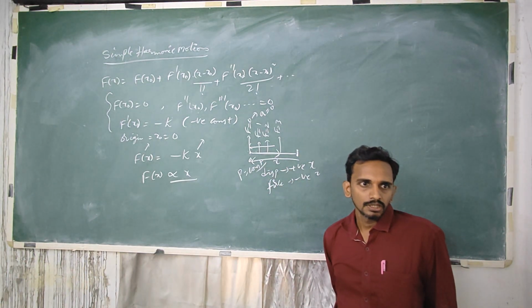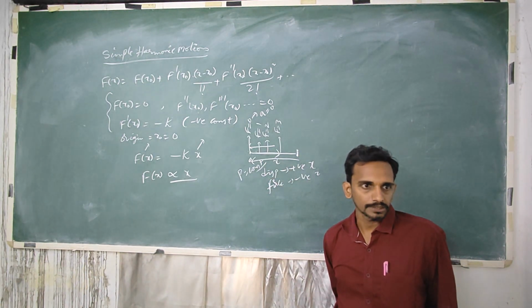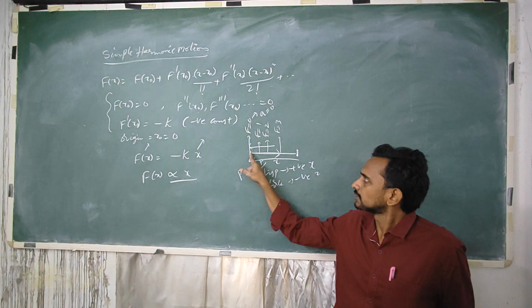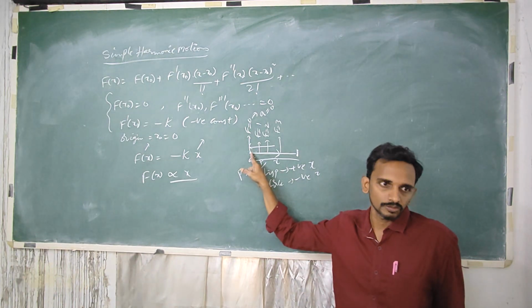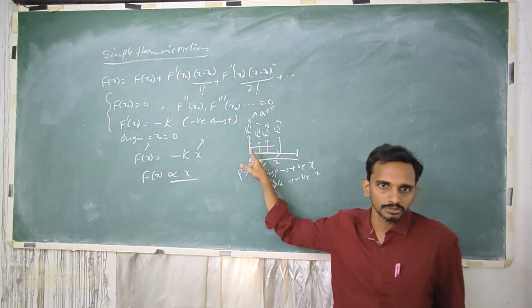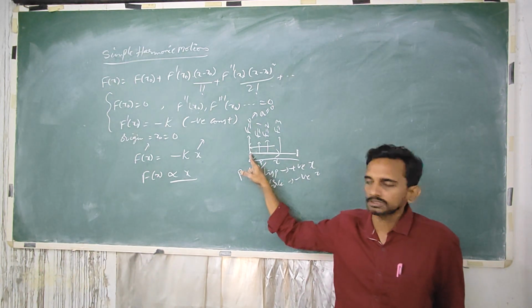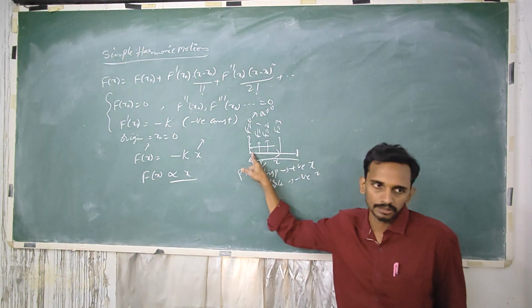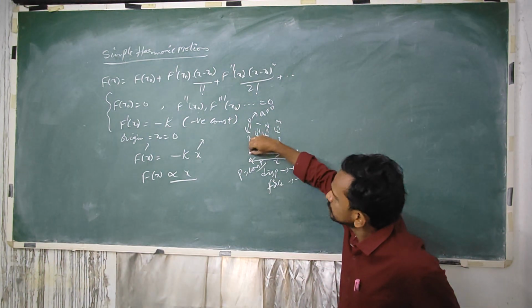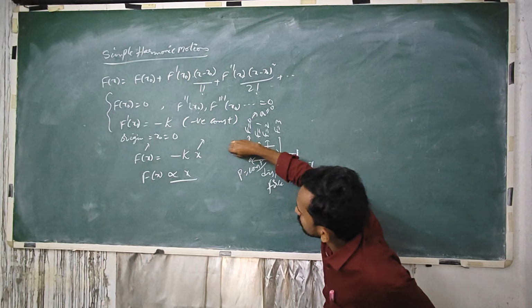So then Newton's first law applies. When there is no force, the object continues to be in the state of rest or uniform motion. So if the momentum is 0, it continues to be at 0 momentum. But since there is a finite value for momentum at the origin, the object continues with that momentum to the other end.